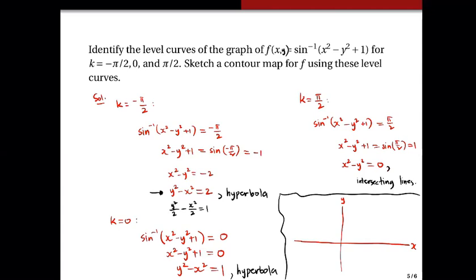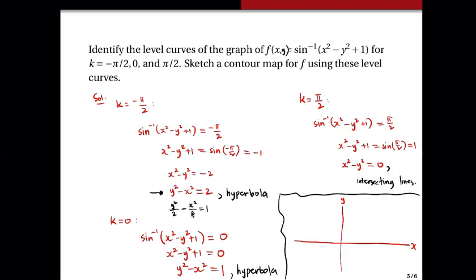So remember how you sketch a hyperbola. So you will have some box. And then you consider square root of 2 because that's the denominator here. It's square root of 2 squared. This is also square root of 2 squared. So square root of 2, it's greater than 1.